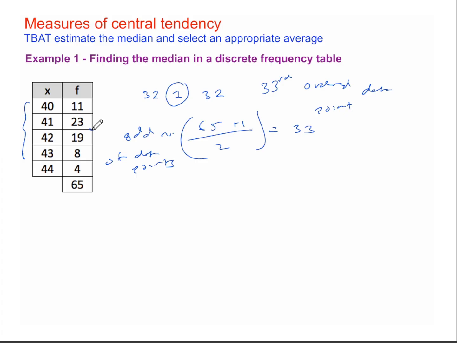Up to here, we have a total of 34 points, which means our 33rd point came when we were counting those 41s. Therefore, our median, which is our 33rd ordered data point, falls under 41. So our median is going to be 41.